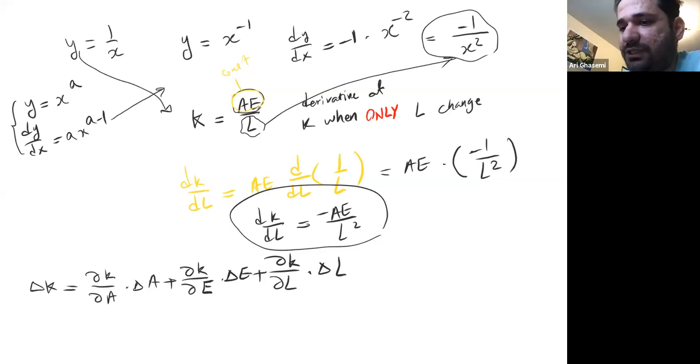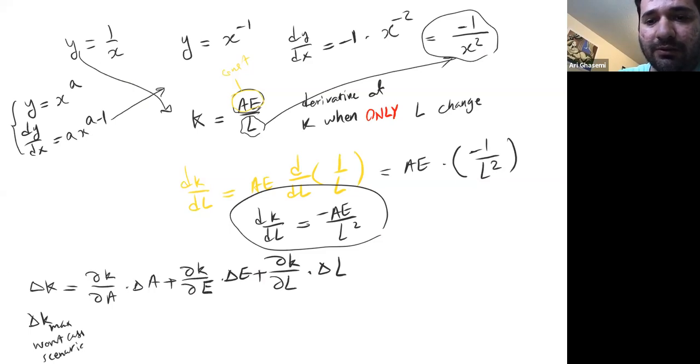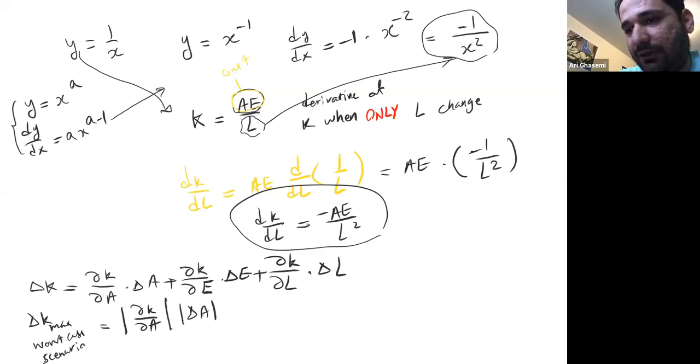So in the worst case scenario, my maximum, because we're talking about the maximum, delta K max, worst case scenario happens when you actually do absolute value of delta K over A, absolute value of delta A, the magnitude, plus absolute value of delta K over E, absolute value of delta E, plus absolute value.